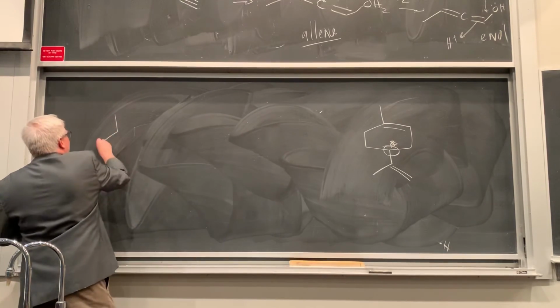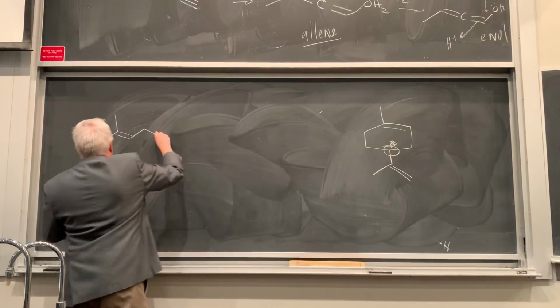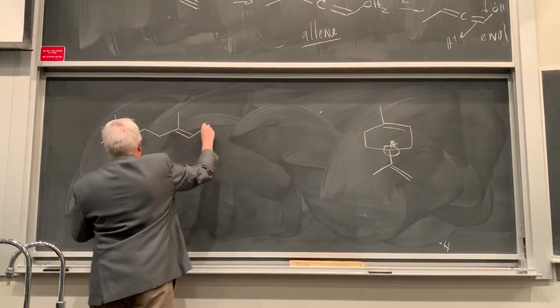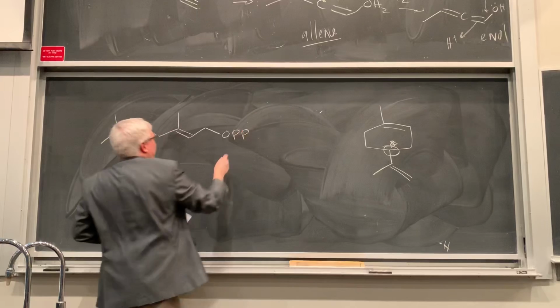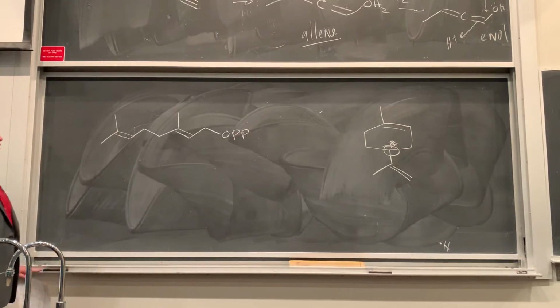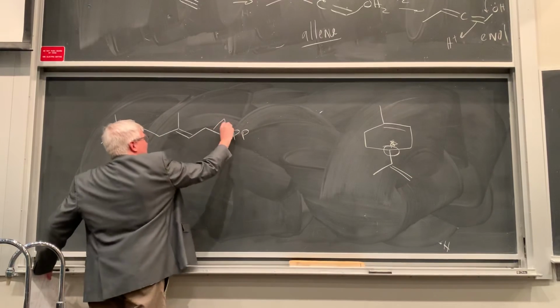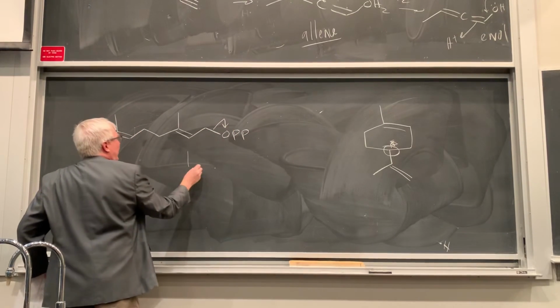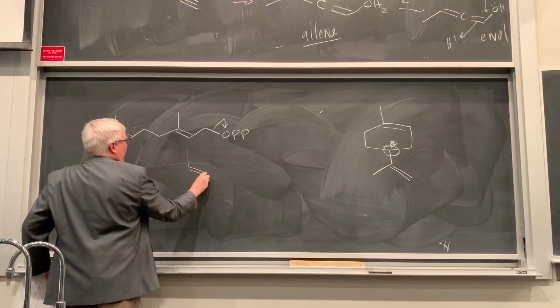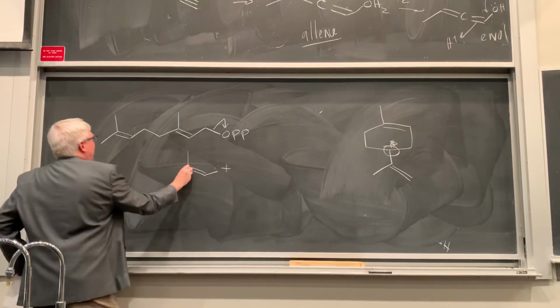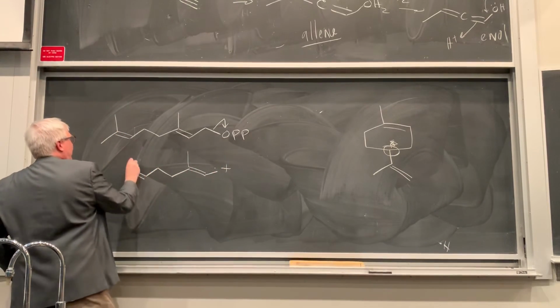And it comes from this thing, which is a 10-carbon diene, which has pyrophosphate. Now on your quiz, you see that. I'm not drawing out the whole phosphate thing now. But if this ionizes, and you're given that as a hint in the quiz, you'll form this allylic carbocation, right?